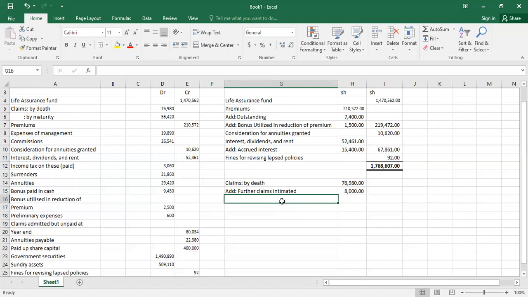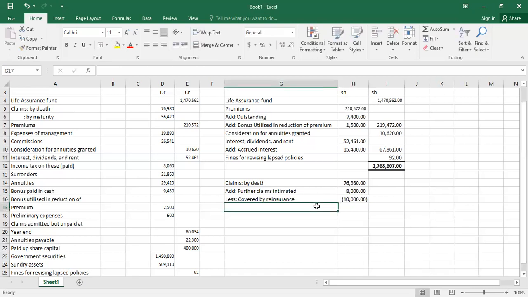I have again what was covered under insurance. So I'm going to less claims covered by reinsurance. They are 10,000. So I'm subtracting this, put them in the bracket.